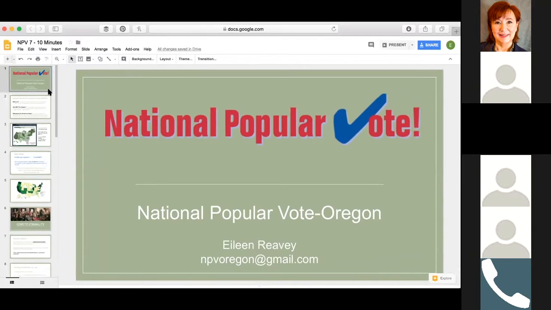So the National Popular Vote Interstate Compact is a way to change that. Currently, with our Electoral College, 48 states, including Oregon, decide their electors using winner-take-all laws.